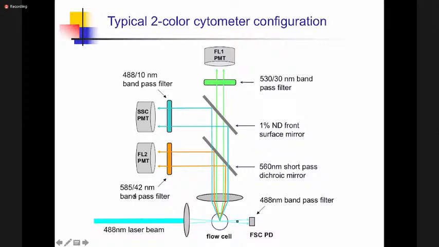And one thing which is quite important: you can have this analysis of cells at different beams of light. So you can have, say, a 488 nanometer laser beam, or you can have these cells analyzed at a different wavelength laser beam like 560. This will help you evaluate the proportion of cells which are excited at different wavelengths of light.